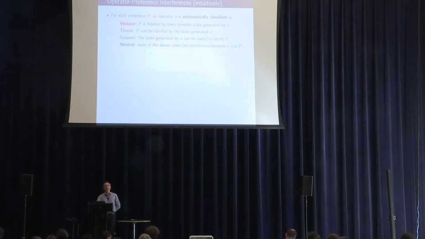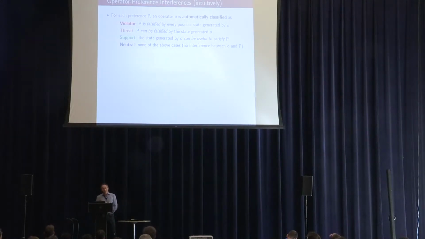Okay, a key ingredient in our compilation is the notion of operator preference interference that is automatically computed. So an operator is a violator of a preference if it falsifies the preference, if the preference is false in every state that is generated by this operator, considering the prefix of the plan up to this operator.